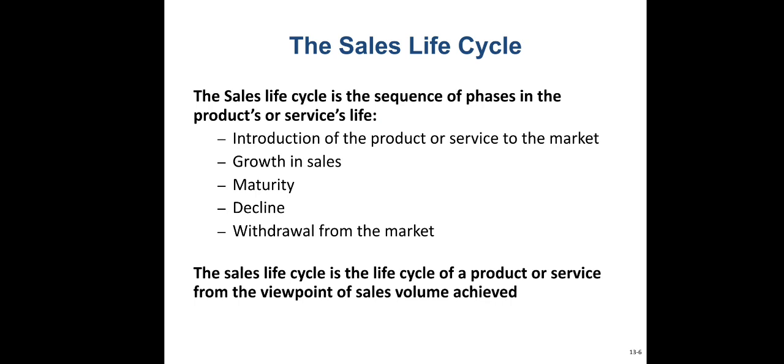It will increase and it will arrive at a peak. That peak is called maturity of the sales. So after that peak, it is like the market, the sales cannot go more than that.